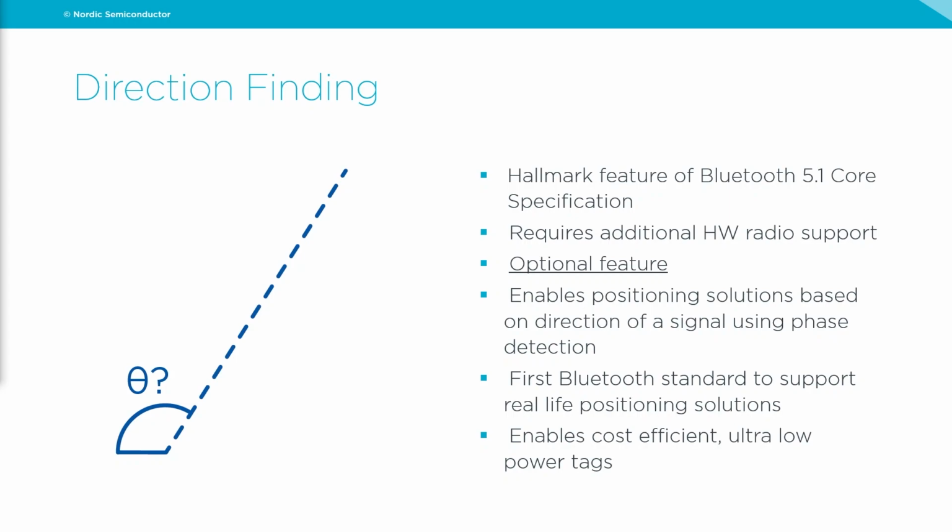Earlier we had the proximity solution, but the proximity solution doesn't really give you the opportunity to do proper positioning because the range where it's usable is very, very short. And because of that, you can't actually build up well-functioning systems that use it. And the target for this one is, of course, as with everything with Bluetooth, to be able to do cost-efficient, ultra-low power devices. And in this case here, the tags are able to be that.